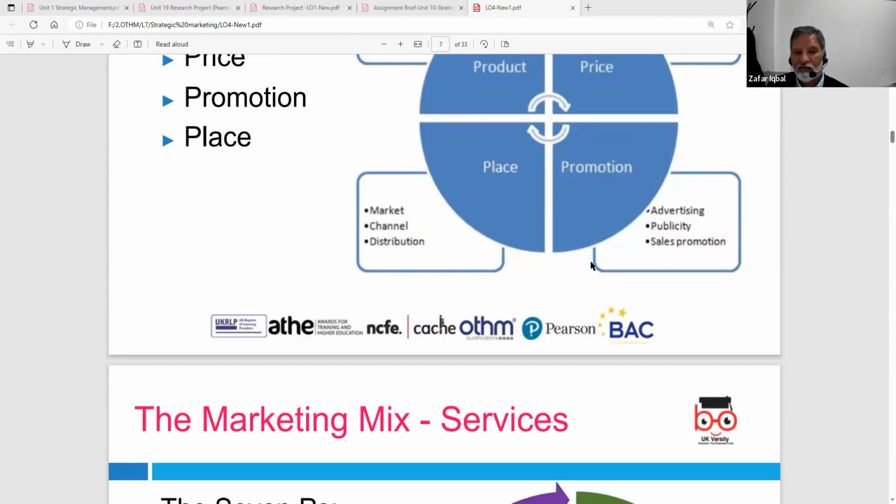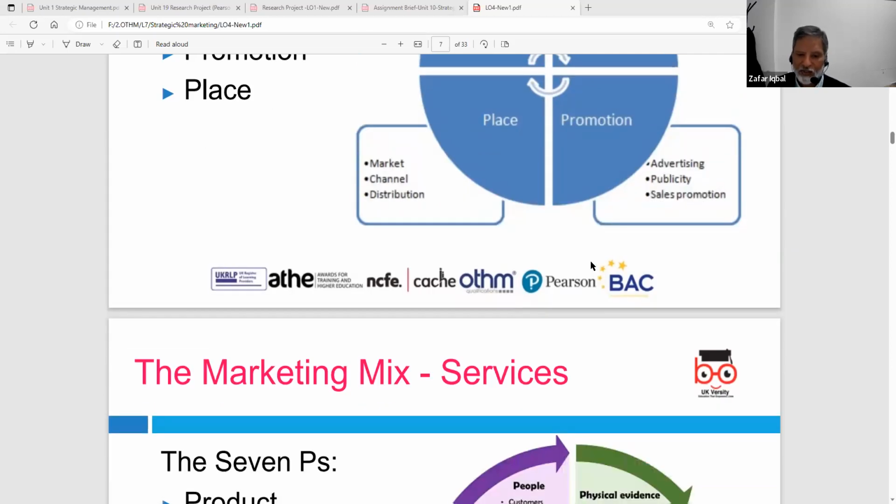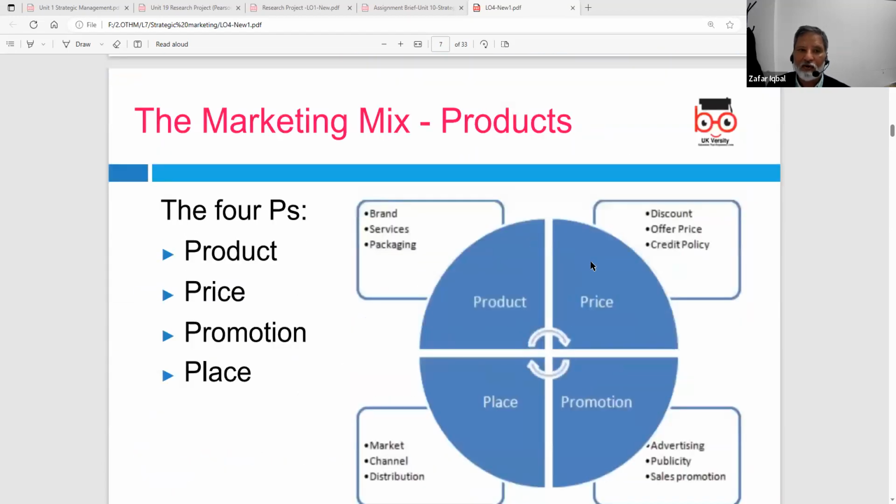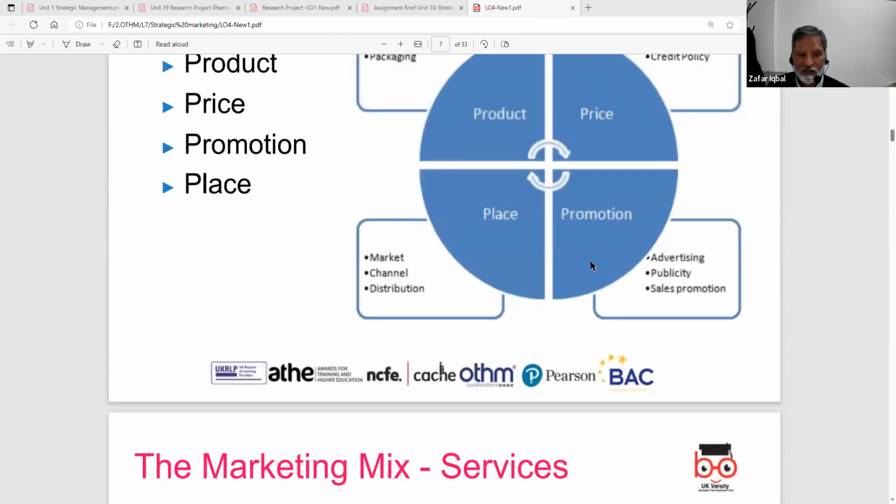So these are channels of ways that people can get to know the product, such as newspaper, television, advertising, and so on. So that's the basic marketing mix, the 4 Ps of product, price, promotion, and place.